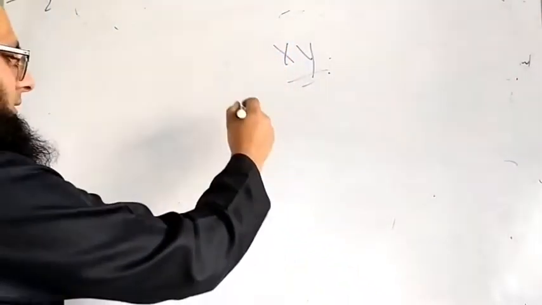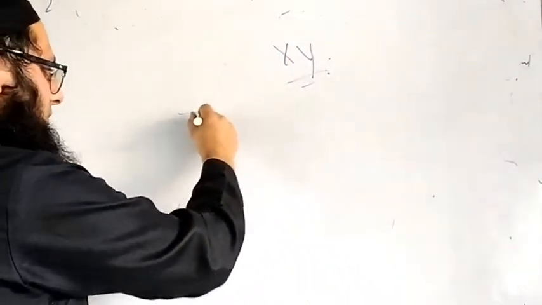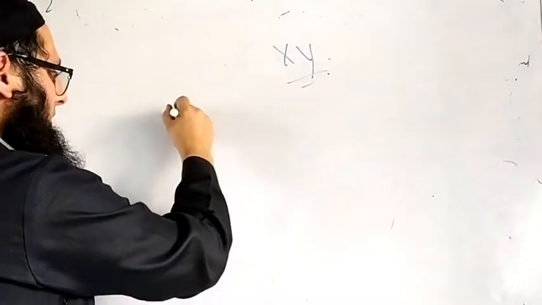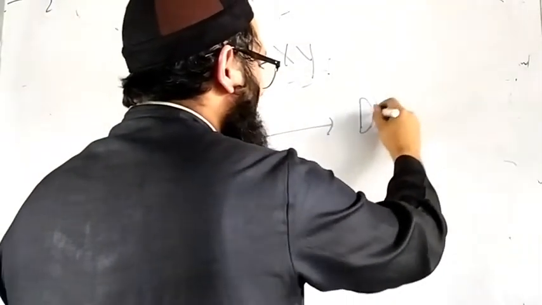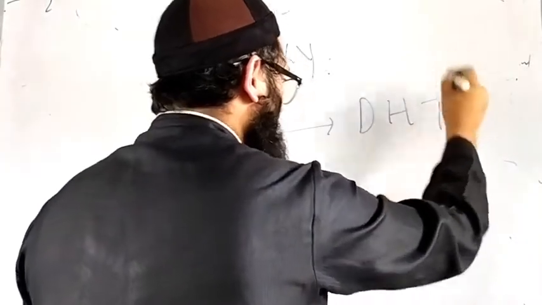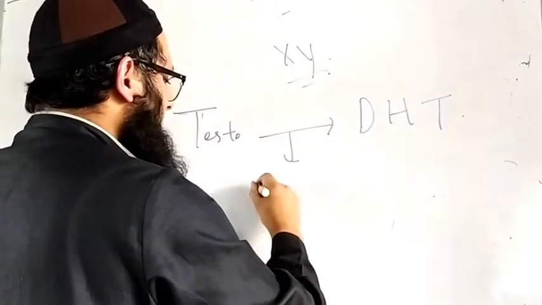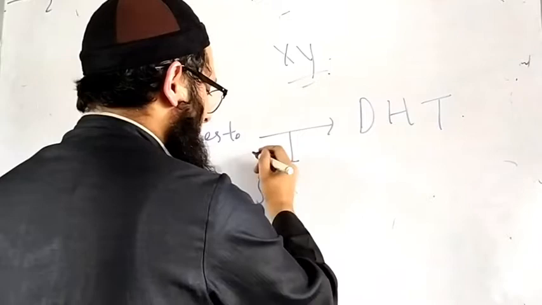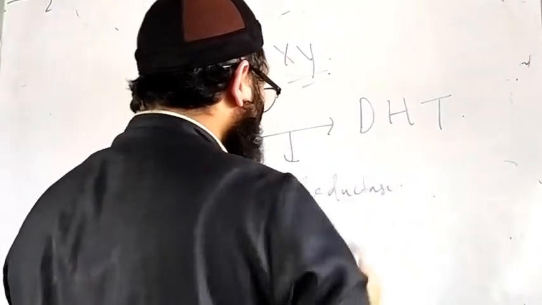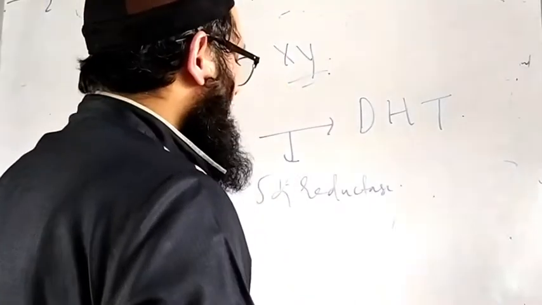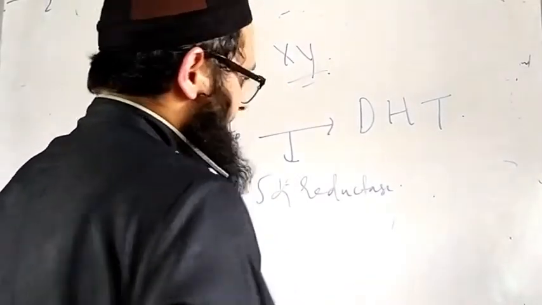What had happened there? Actually, as I told you, testosterone is converted into dihydrotestosterone through an enzyme. The enzyme is 5-alpha reductase, or the full name is 5-ketosteroid reductase 2.